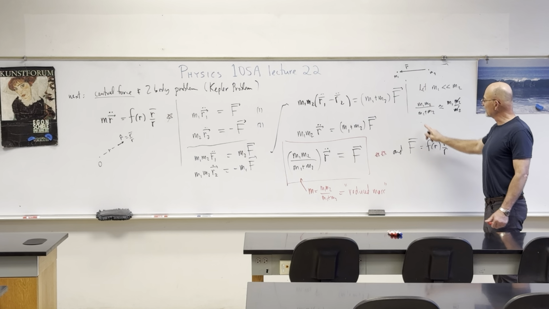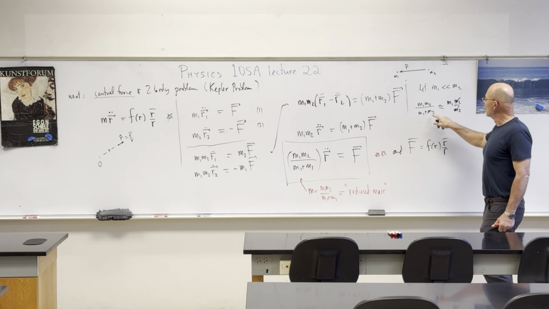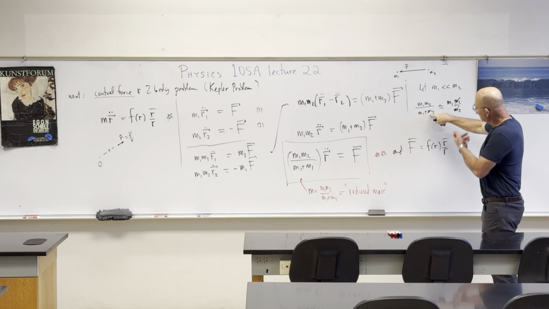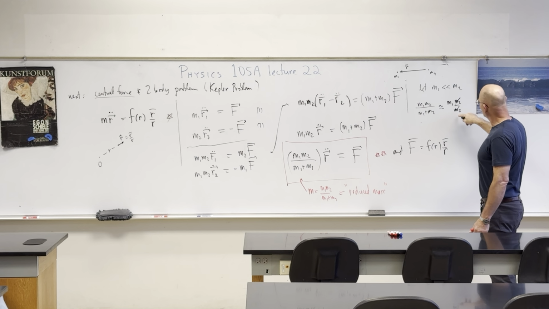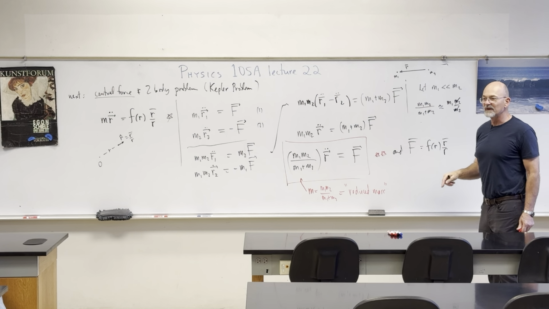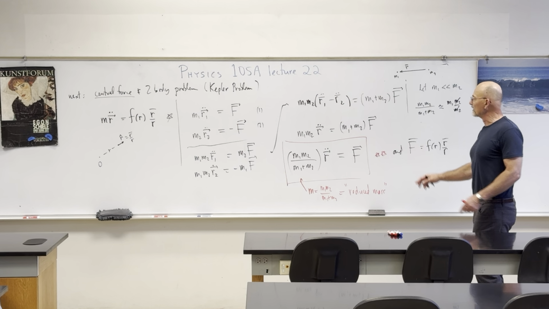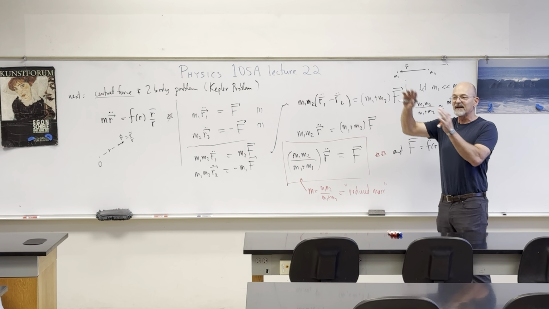Slightly less because I dropped the M1 in the denominator. So if M2 is much, much larger than M1, this M2 dominates the denominator, and then M2 cancels, leaving roughly M1.